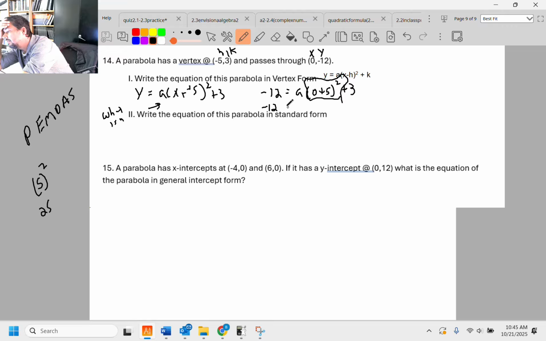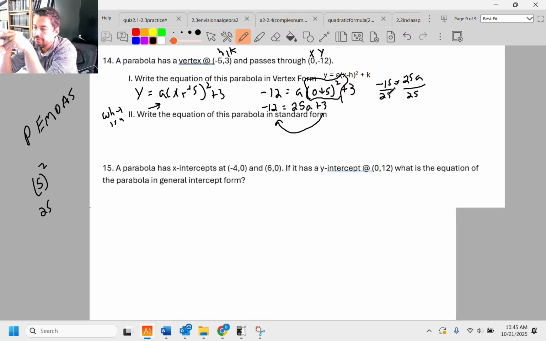So -12 is equal to 25 a's. That a, 25 is attached to a plus a 3. Next move, subtract 3. -15 is equal to 25 a's. Last move, divide by 25. If you cannot reduce 15 over 25, God bless. Use a calculator to do it.